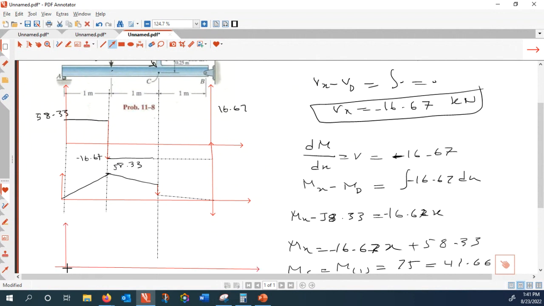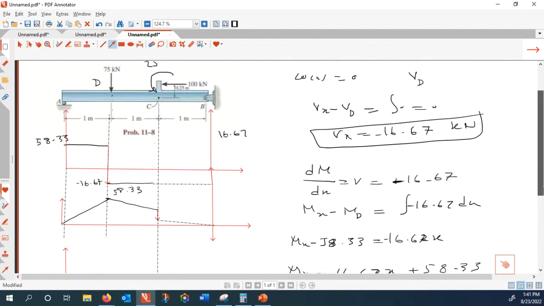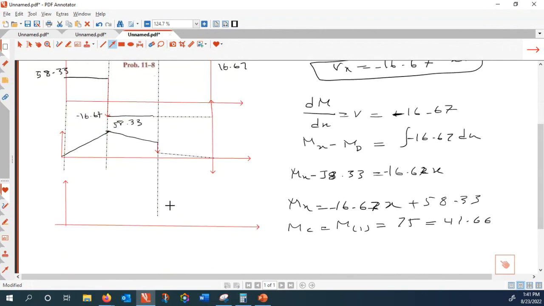So if you would have plotted this, it would be 0 from here to there, and then I think this is compressive. Is it? No, this is tensile. So at the end, it has a non-zero value.